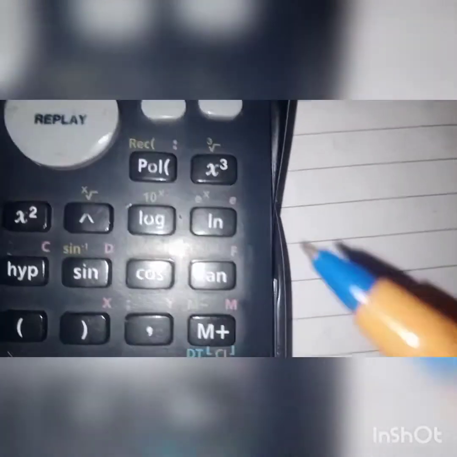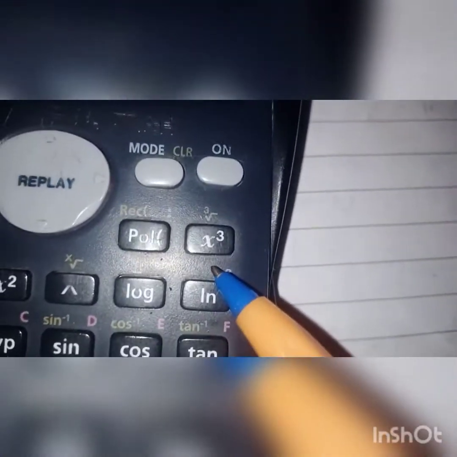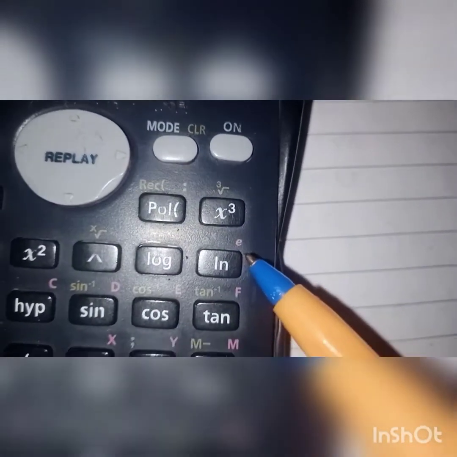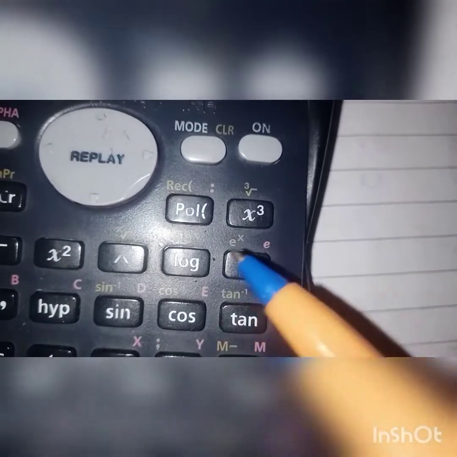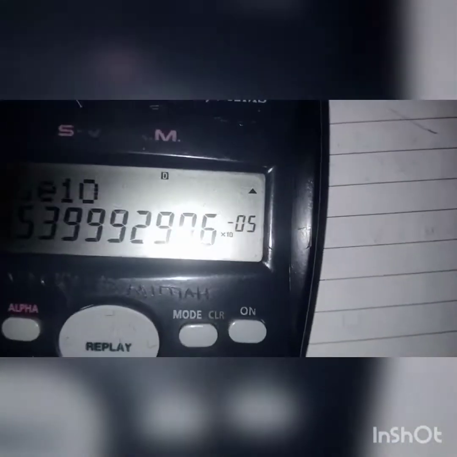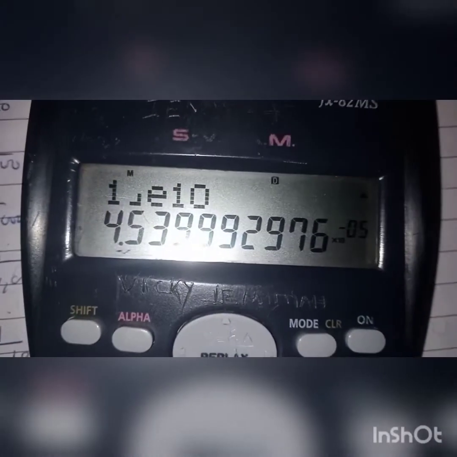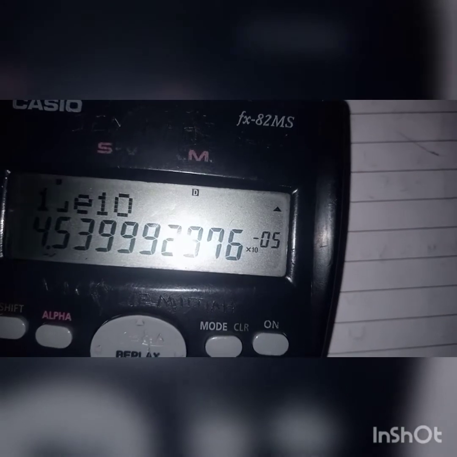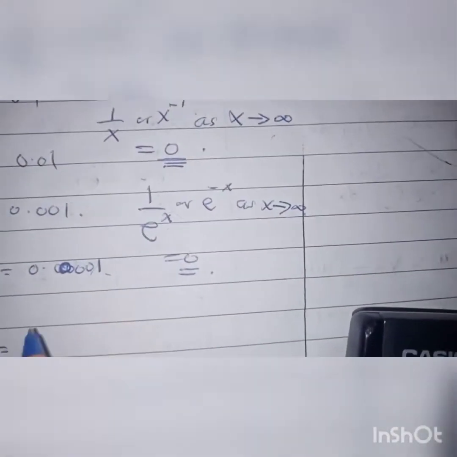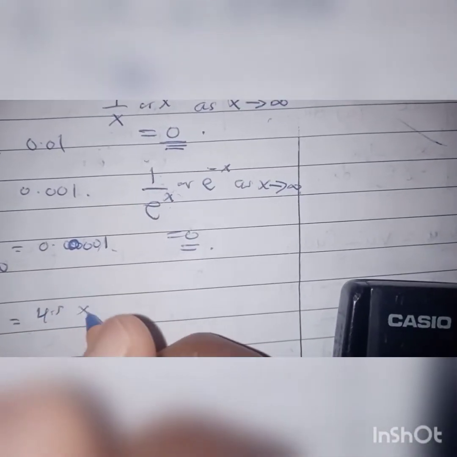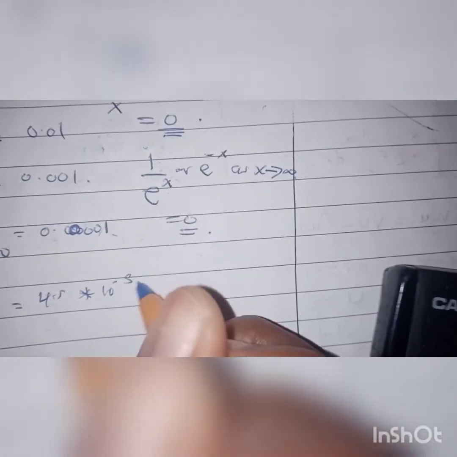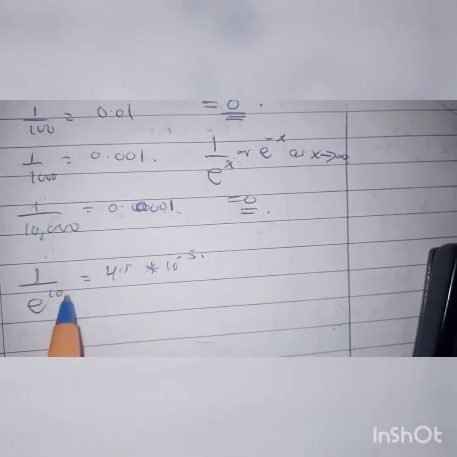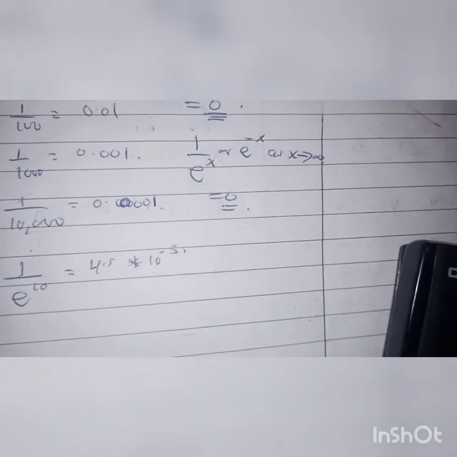Since our exponential here is already raised to a power, there's no need to raise it again. Just exponential raised to power 10. What is the result? You can see it is 4.5 times 10 raised to power negative 5. We can see power negative 5 is like 0.0000 something.